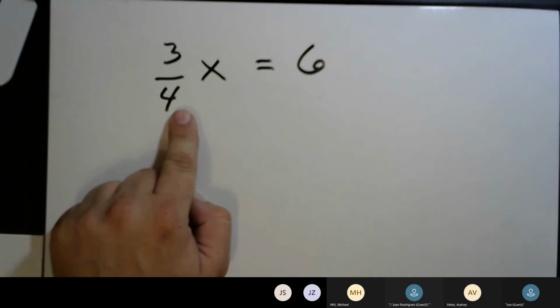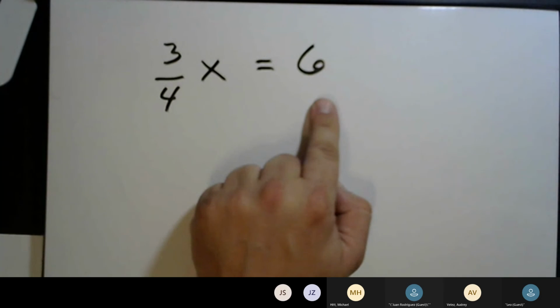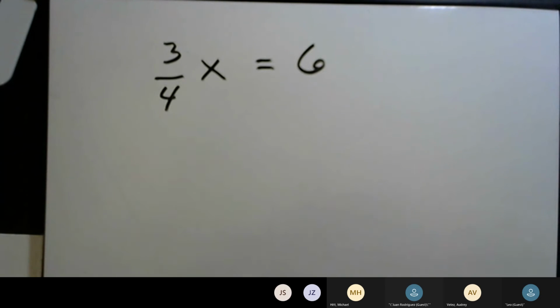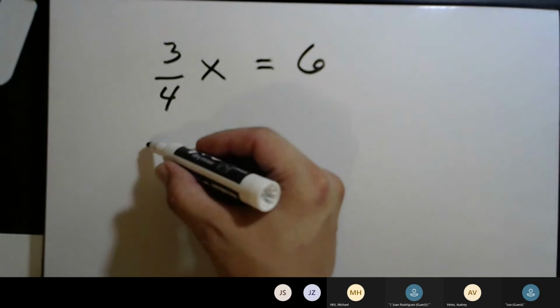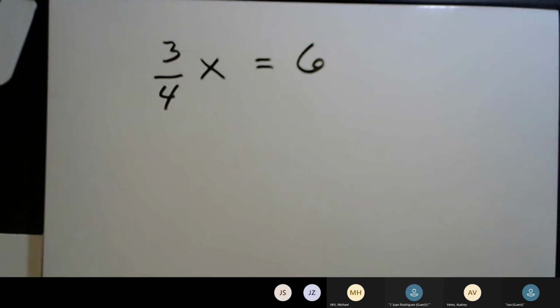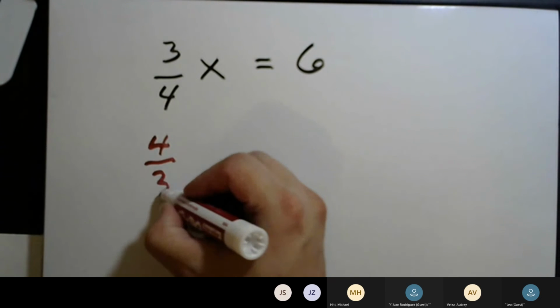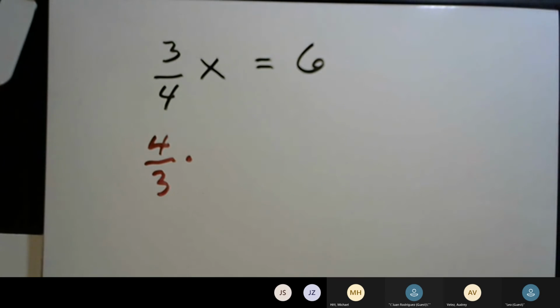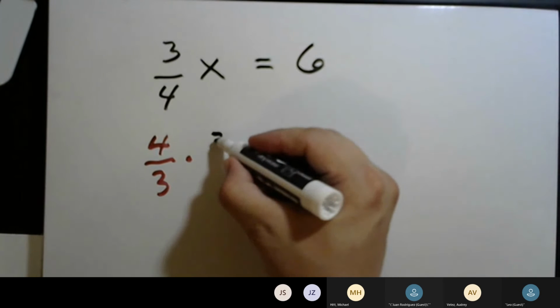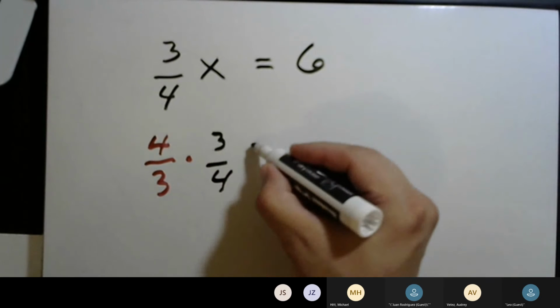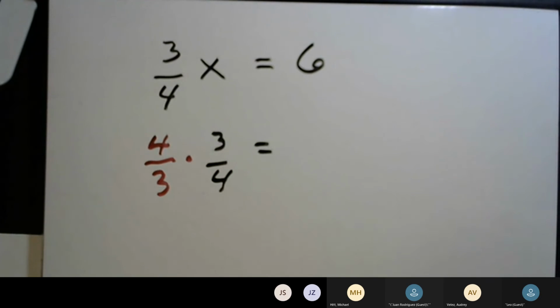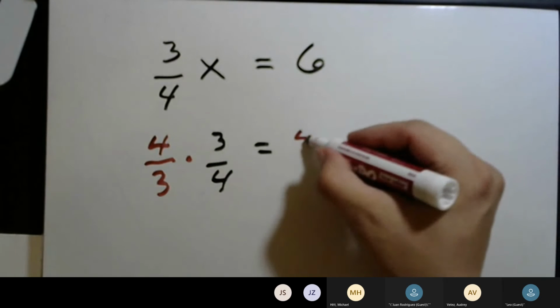So we can divide by 3/4, divide by 3/4, and that'll work. But we could also use the reciprocal trick. If we multiply 4/3 with 3/4, and what we do to one side, we have to do to the other.